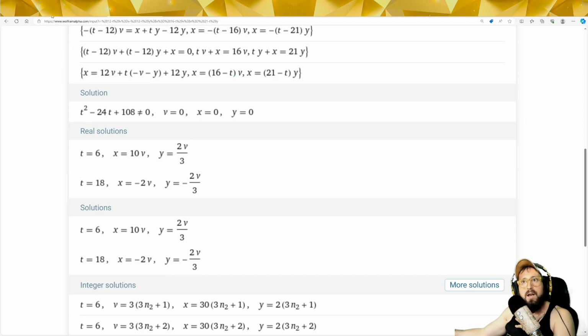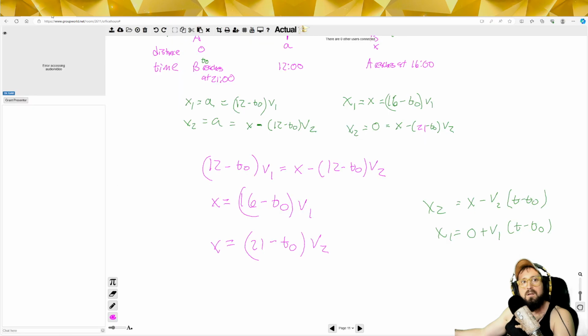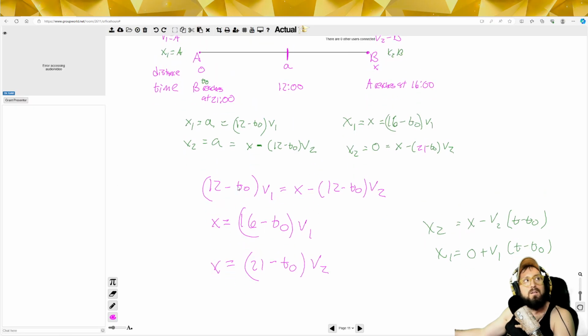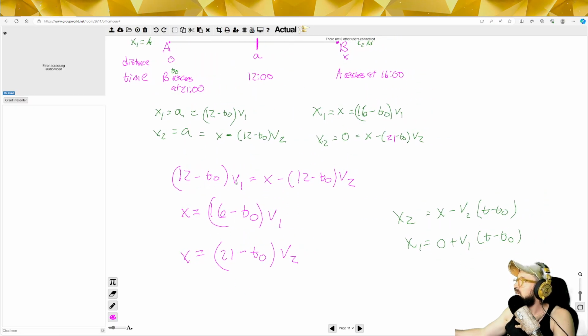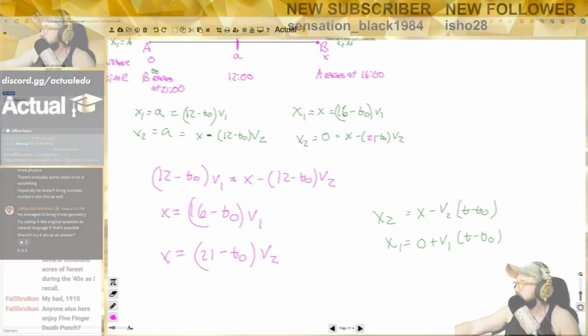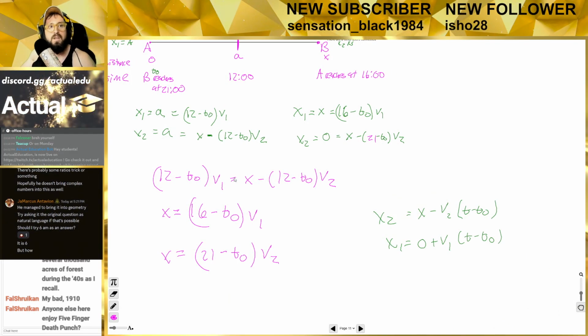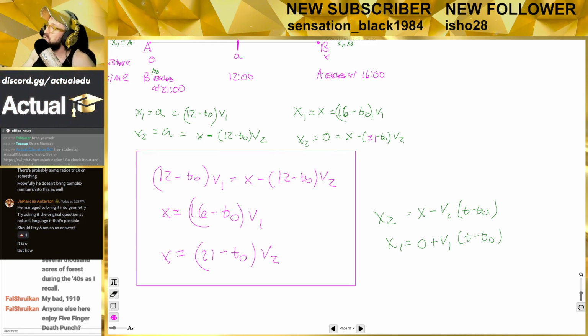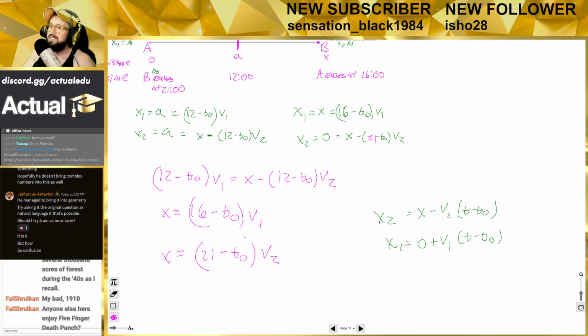I want to know algebraically how they get that. It is 6? Yes. It's some algebra manipulation with this. I could go as far as to put this into a matrix.